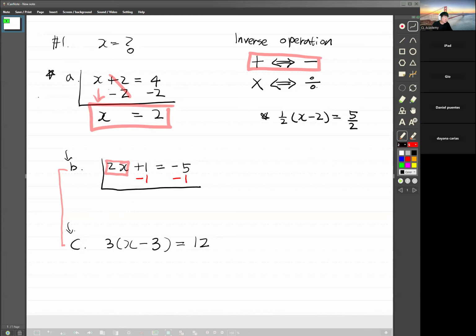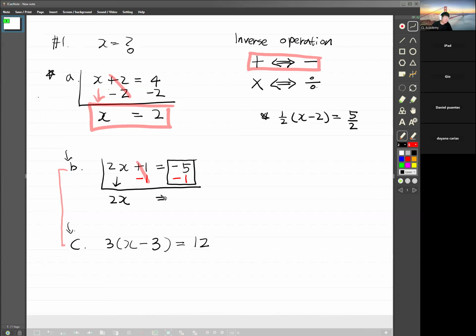Then plus 1 minus 1, they undo each other. That becomes 0, and 2x comes down. Equal -5 minus 1.